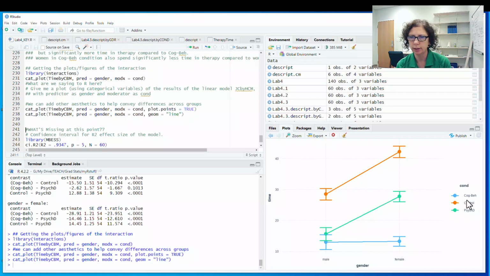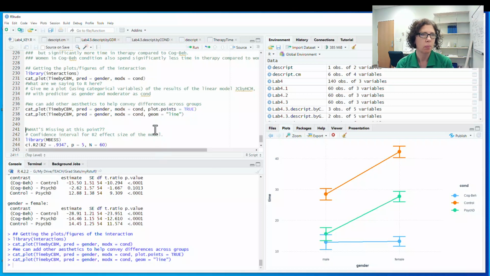Whereas when we look at this line between these lines, you see how this is the same for male and female. So there's where your interaction is really interesting. It depended on both gender and condition.